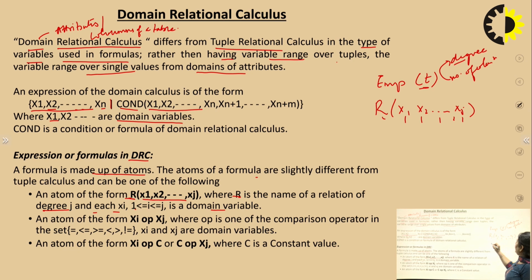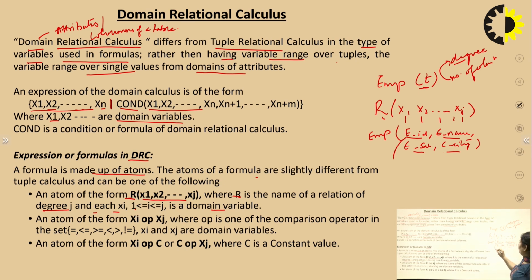That means if we have an employee table, suppose we have employee ID, employee name, employee salary, employee city. We have 4 attributes here, that means 4 columns of an employee table. Then over each attribute we will define a different variable.